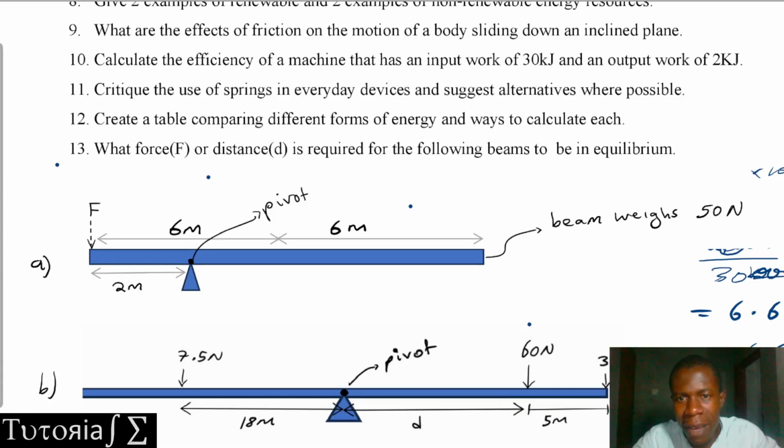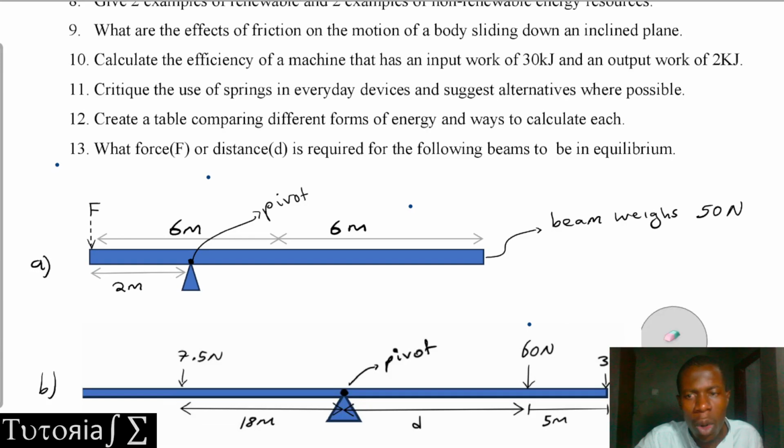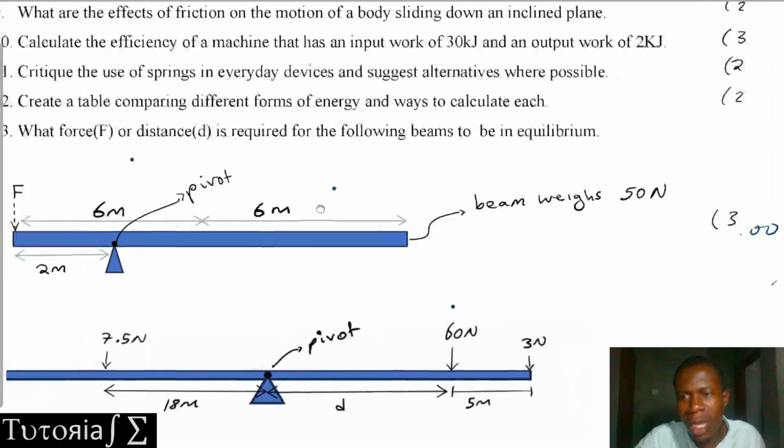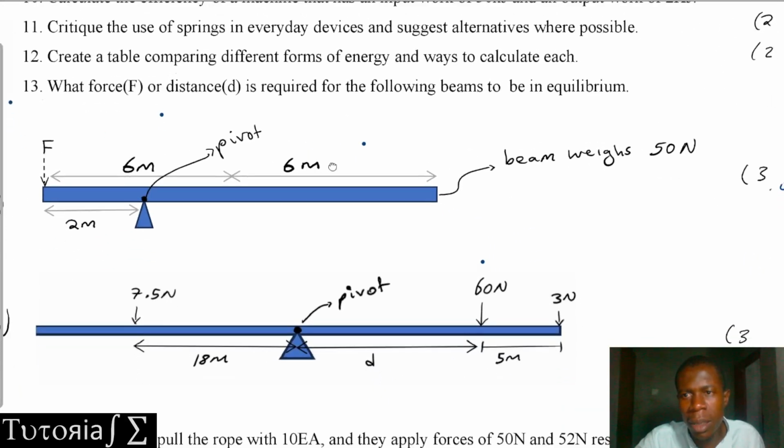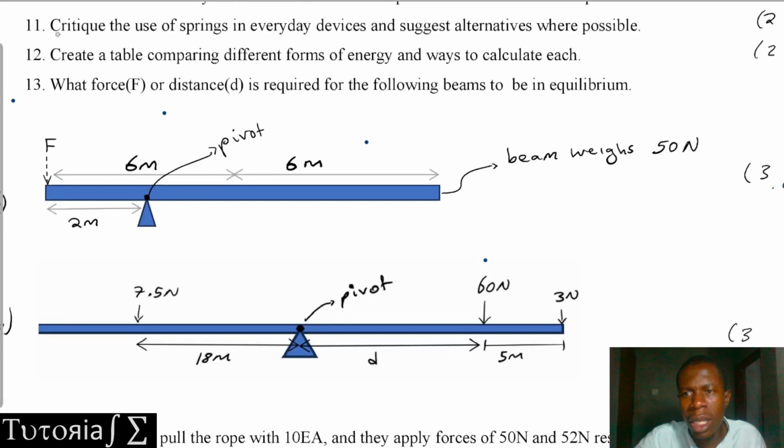11. Critique the use of springs in everyday devices. So what you're supposed to answer here, just put it here. Here you're just basically going to talk about the elastic limit.